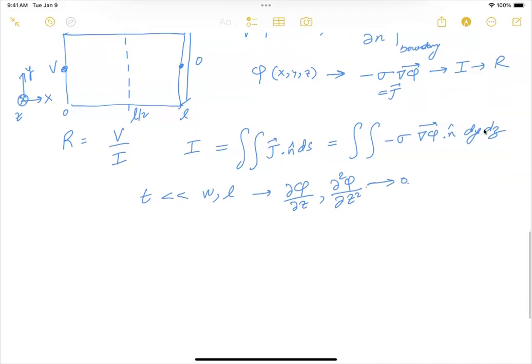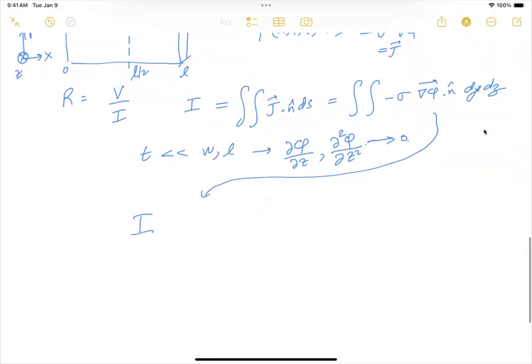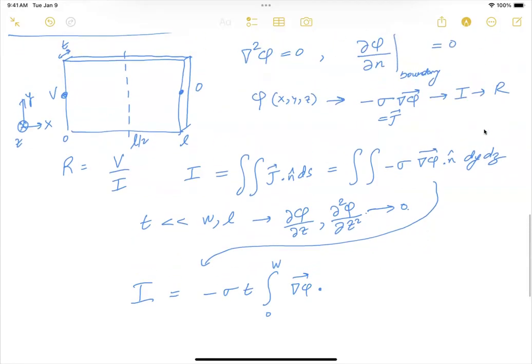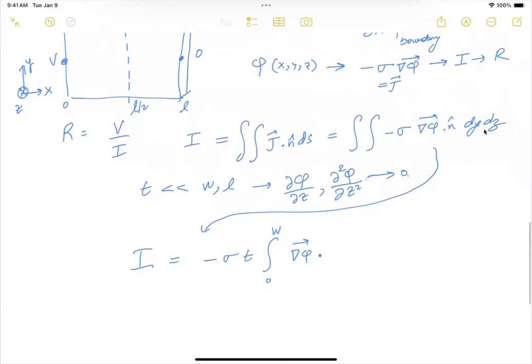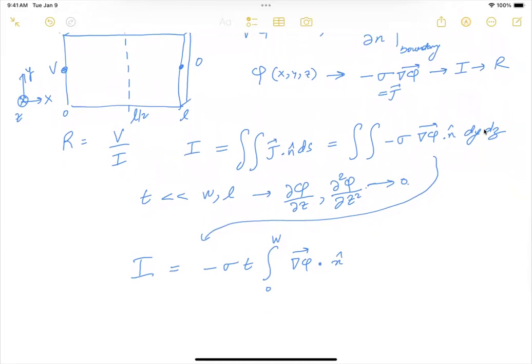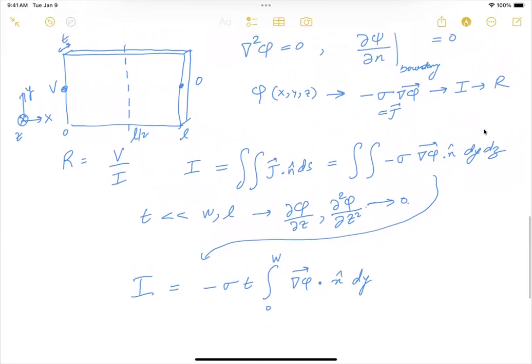We are assuming the potential distribution is essentially uniform along the thickness direction. Then the current simplifies to minus sigma times T, integral from 0 to W of the gradient of phi dot n cap, where n cap is just x cap, integrated over the cross-sectional length, which is dy.